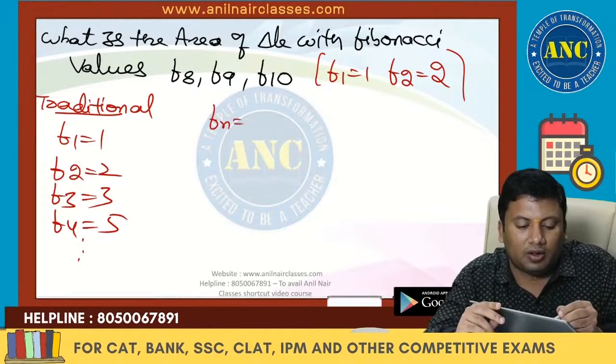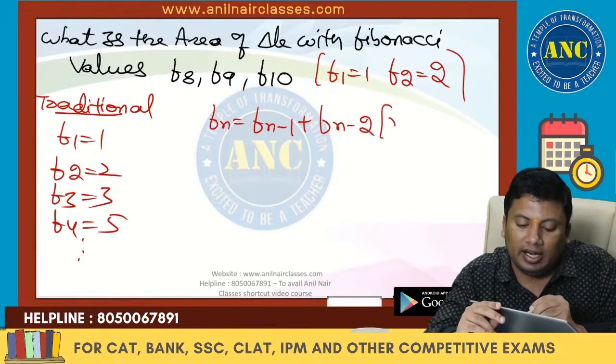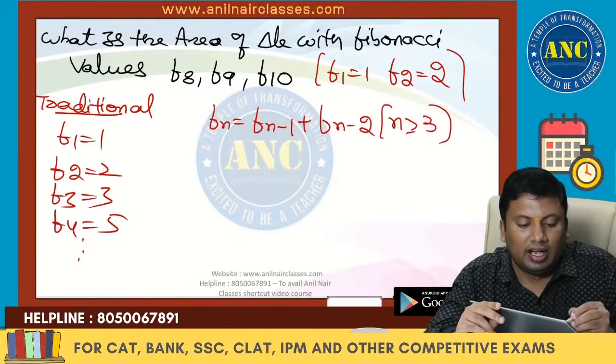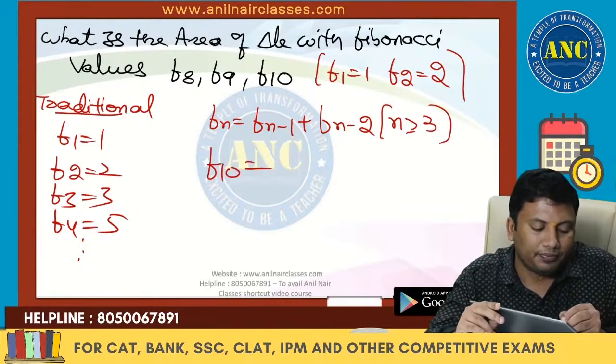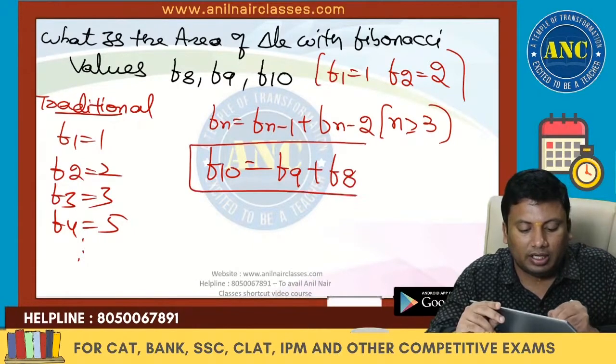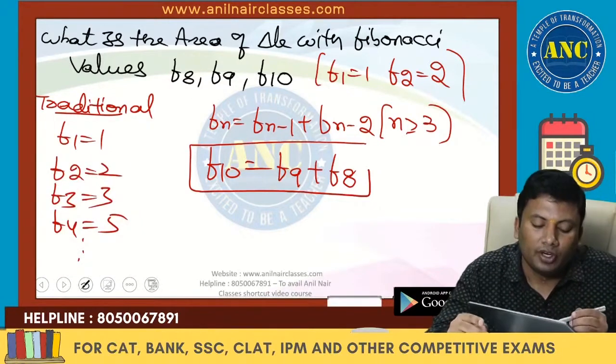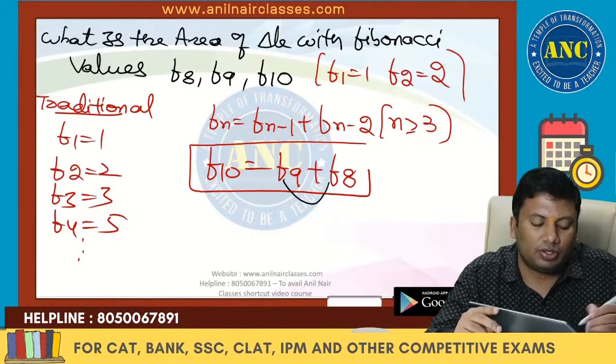Fn equivalent to Fn minus 1 plus Fn minus 2, n greater than or equivalent to 3. F10 is nothing but F9 plus F8. That means sum of two sides is equivalent to third side.